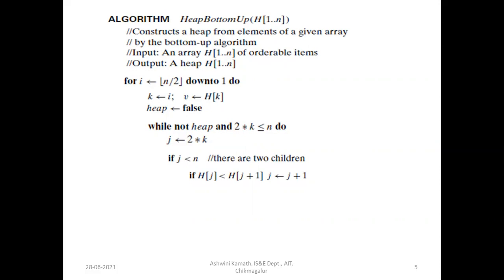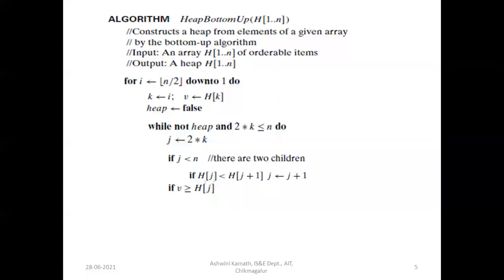If the value at j plus 1 is greater, then j will be equal to j plus 1. Otherwise, j value will not be altered. That means it points to the second child node, or the right child node of that particular node.